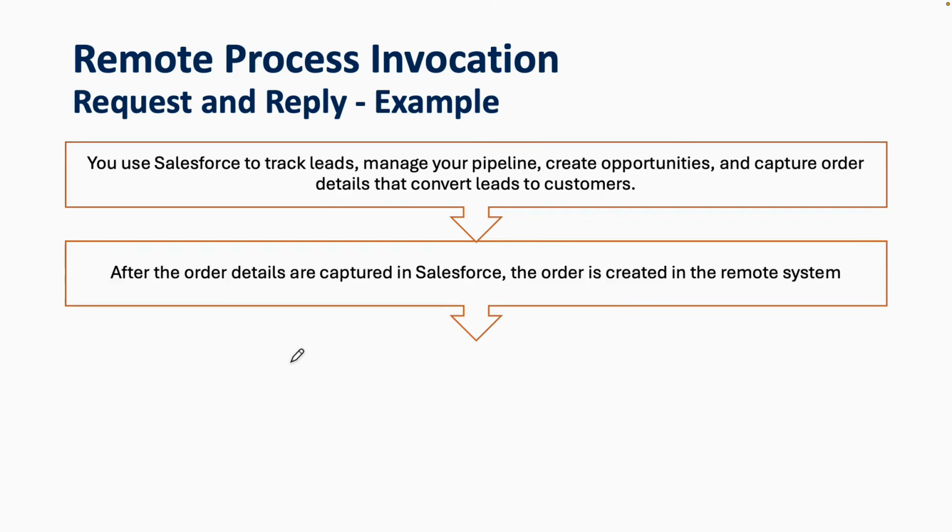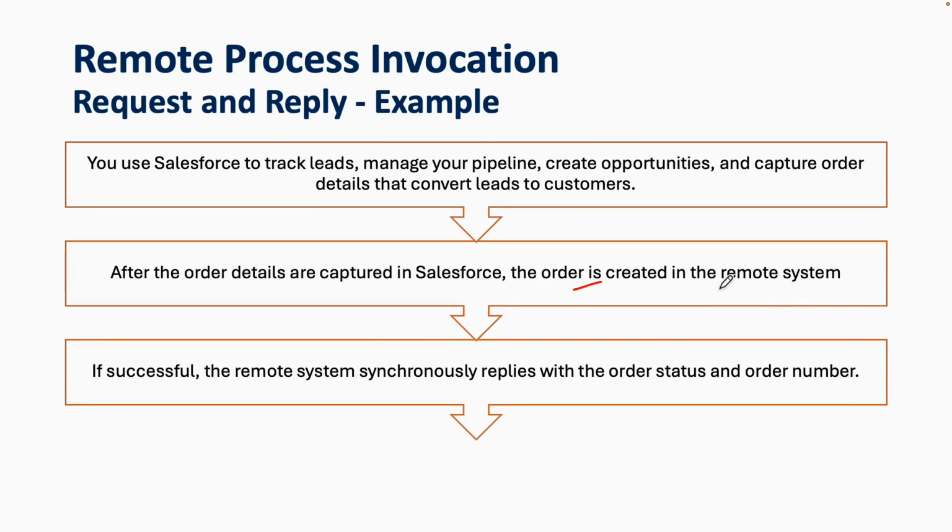But after the order details have been captured in Salesforce, they are using another system, let's say an ERP system or any other CPQ-based system, where they create the orders in their remote system. That remote system can be any external system.